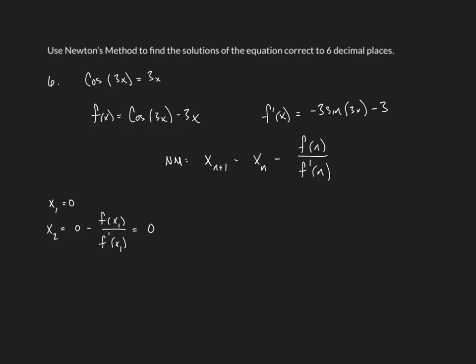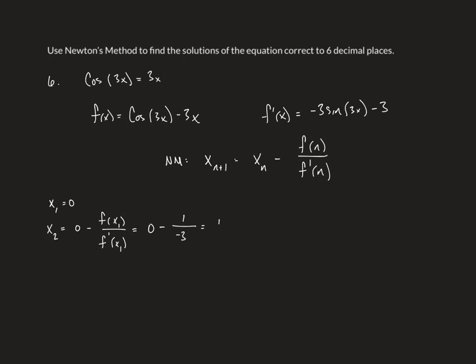And so it's going to be 0 minus whatever f of 0 is. Well, f of 0, if I come up here and take a look at this function, 3 times 0 is 0. Cosine of 0 is 1, and so it would be 1 minus 0. All right, so 1 over, and over here, 3 times 0 is 0. Sine of 0 would be 0, and negative 3 times that would be 0, and 0 minus 3 would be negative 3.